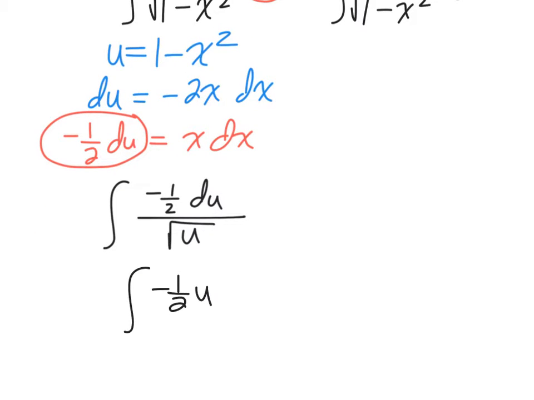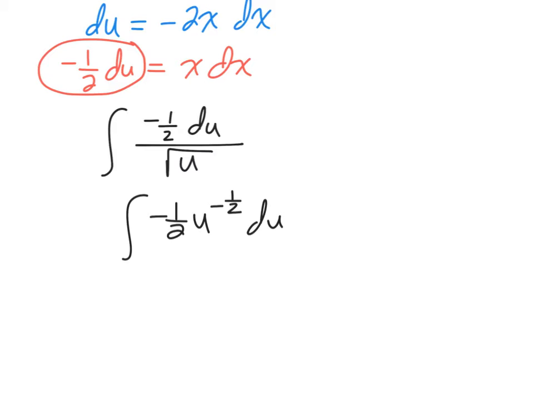Negative 1/2 u to the negative 1/2 du, which integrates to what? Negative u to the 1/2. And we'll do the whole plus c business in a couple of minutes.